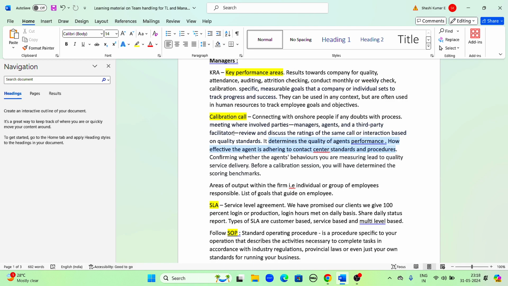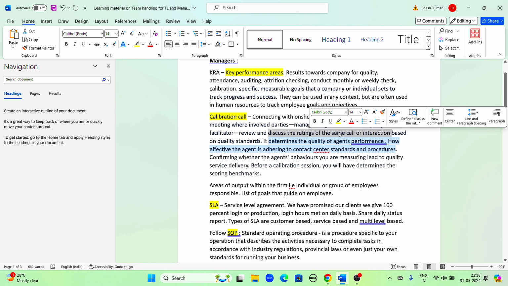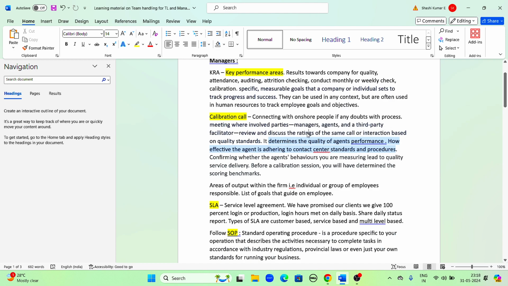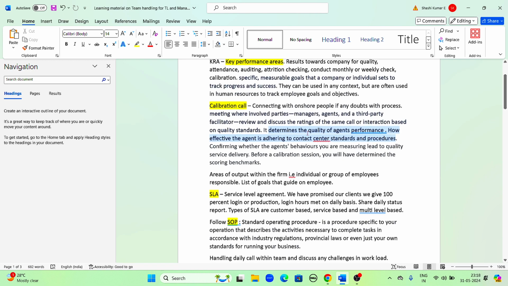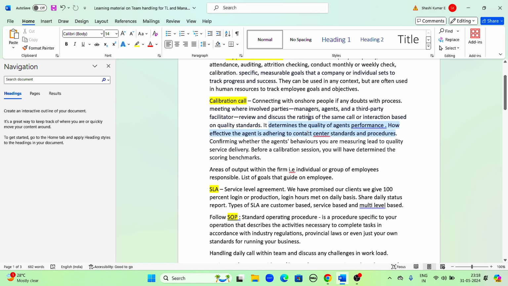They'll be reviewing and discussing the rating on the same call or interaction based on quality standards. This is the calibration call which managers usually will be part of, and there would be a discussion related to it. It checks the quality of the agent's performance.